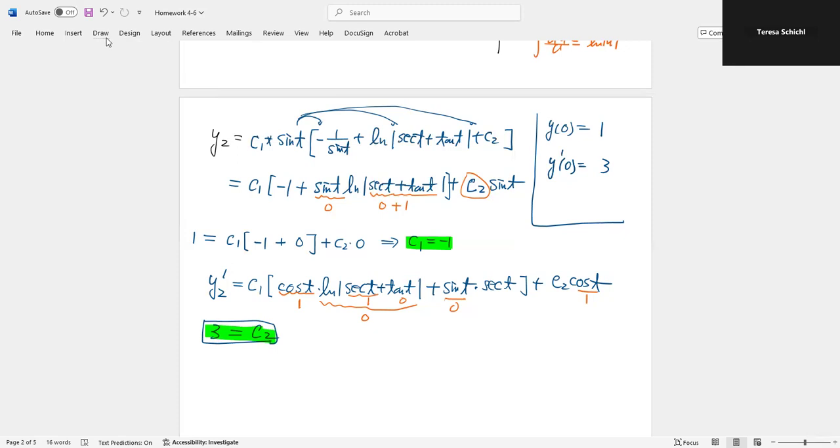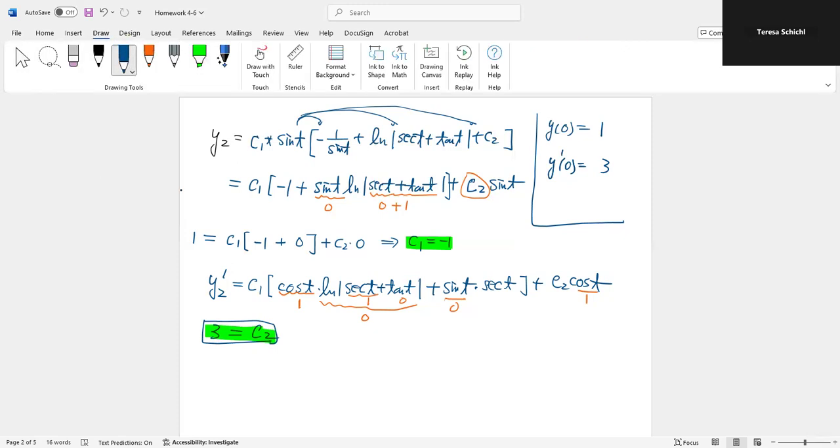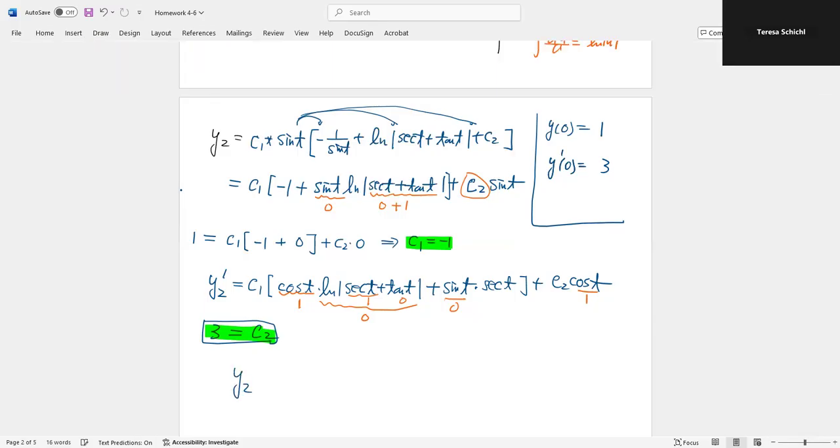So finally, I got my C1, I got my C2. So what is my final solution? My second solution will just be, with C1 as -1, -1 plus sine t ln secant t plus tangent t, then C2 is 3, so plus 3 sine t.